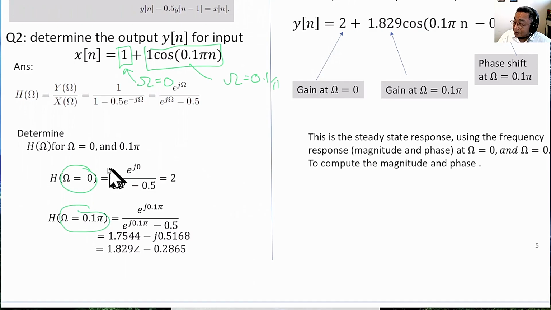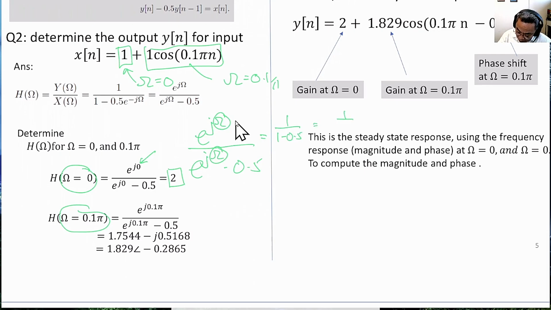We go ahead and substitute these two frequencies to get H of omega at these two frequencies. So for omega equals 0, we are simply substituting into e^{j omega} divided by e^{j omega} minus 0.5, whatever omega equals. So when omega equals 0, this is 1 divided by 1 minus 0.5 equals 1 over 0.5 equals 2.